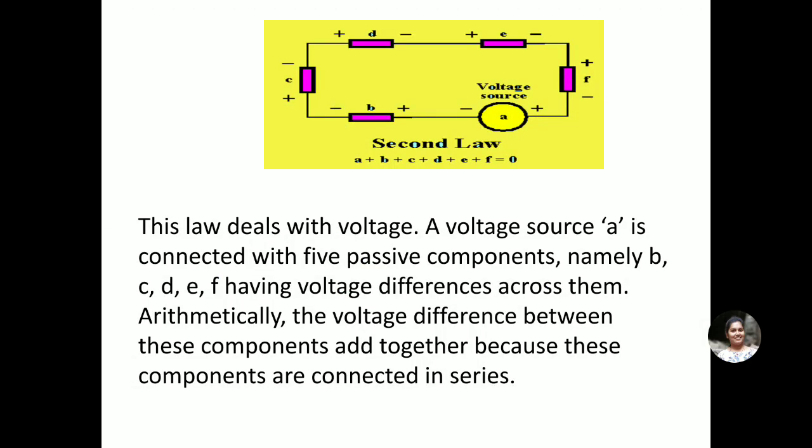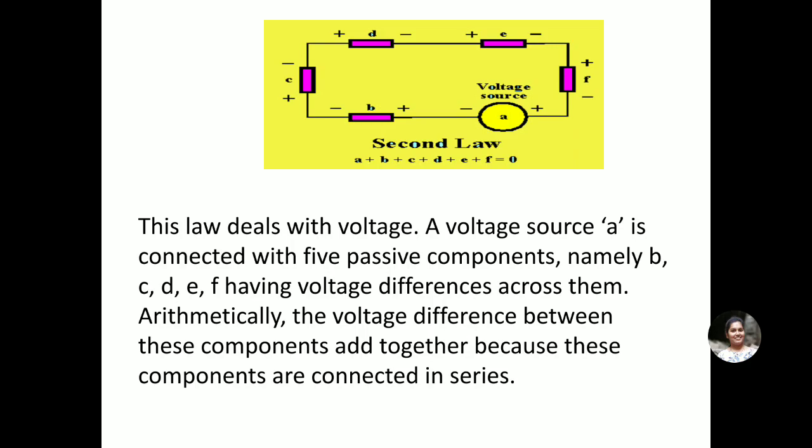Likewise, we'll see another example for KVL. In this diagram also we see a voltage source A and various components B, C, D, E, F, which are connected in a loop.